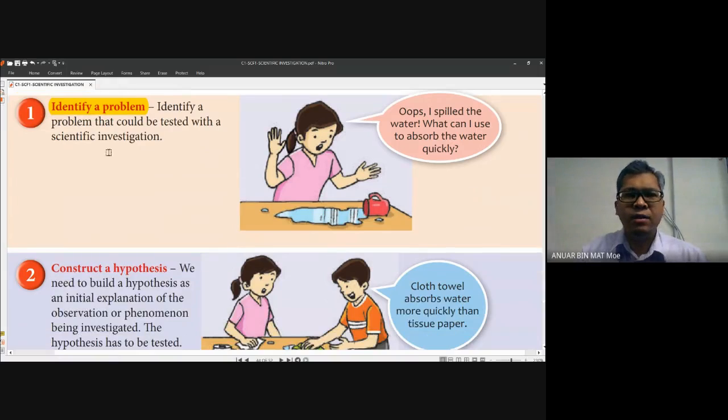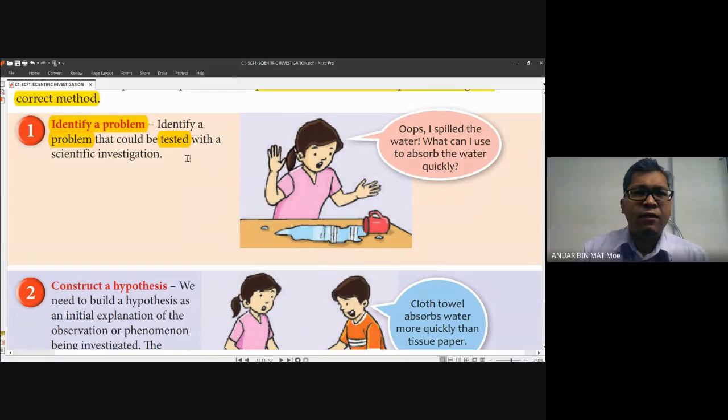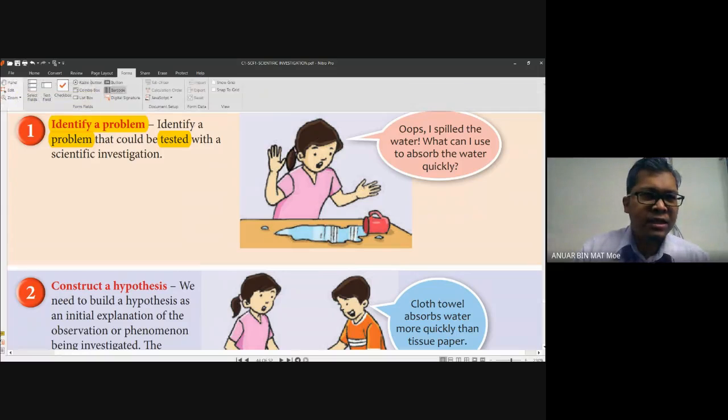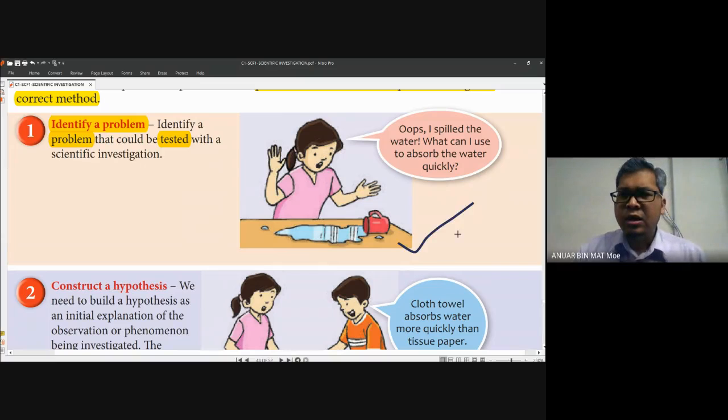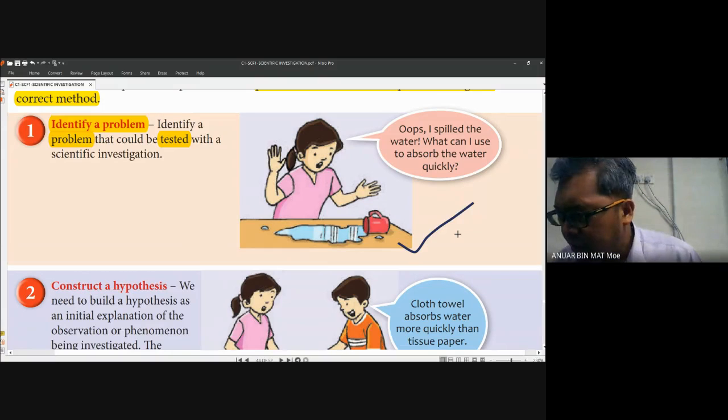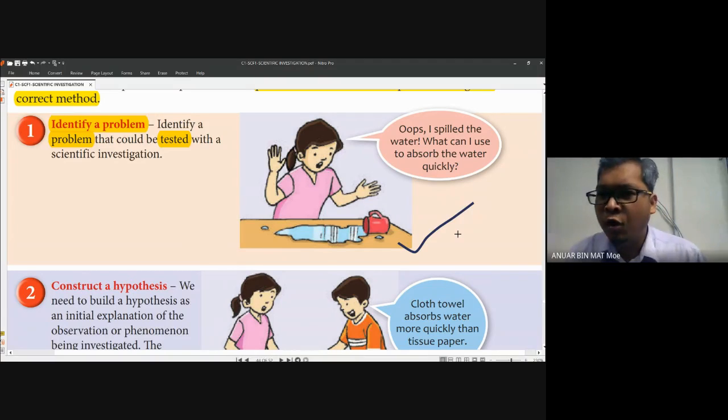You identify the problem, but make sure the problem in science could be tested with a scientific investigation. All right. For example, here I give you an example, easy for you to remember. Okay, the girl here, can you see the picture here? The picture here, the girl spilled the water, and then what is their problem?